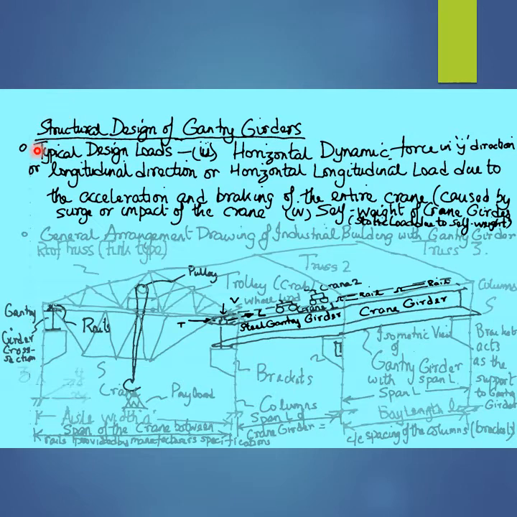Continuing our discussion on the typical design loads that need to be considered in the structural design of gantry girders or crane girders, defined as the girders or beams, in a sense, that support the rails on which the overhead traveling cranes move.